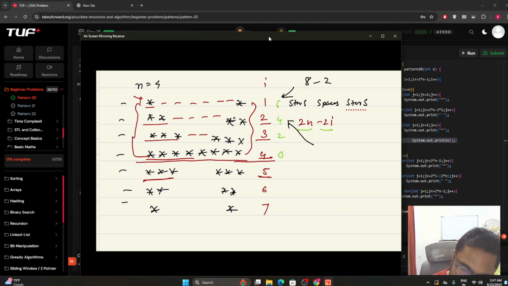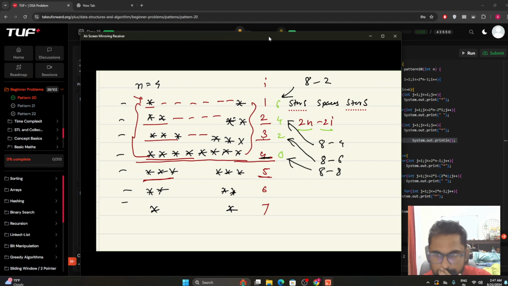For this, 8 minus 4 is 4. For this, 8 minus 3 into 2, 6, it is 2. Then 8 minus 2i, 4 into 2 is 8, it is 0. So yes, this formula fits here.